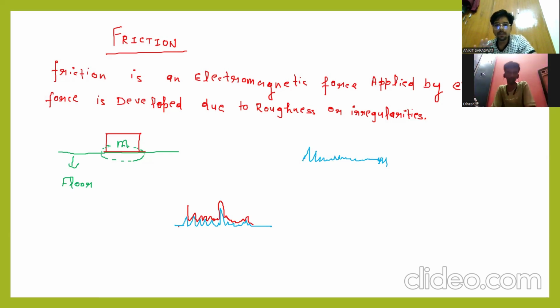Clear? So friction is an electromagnetic force applied by the electrons, and this force is developed due to roughness or irregularity. When you place any object on another object, because of deformities or roughness, the block is not easily moved on the surface because of this friction.